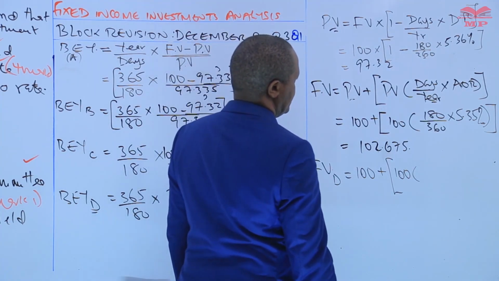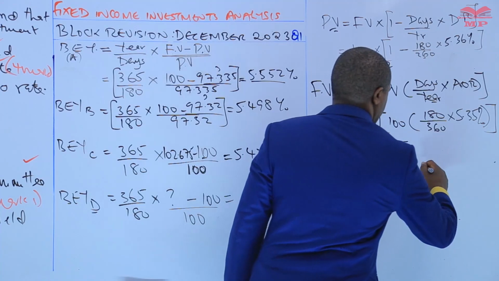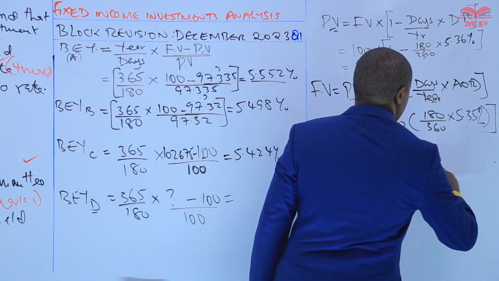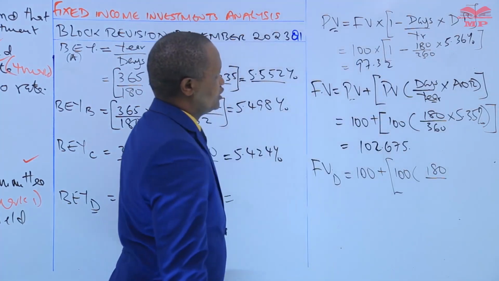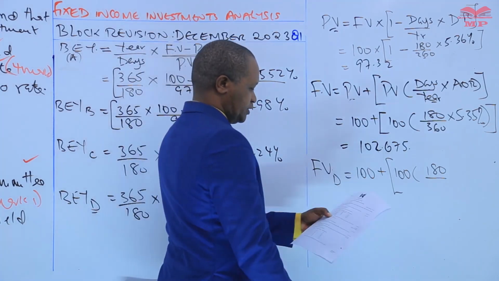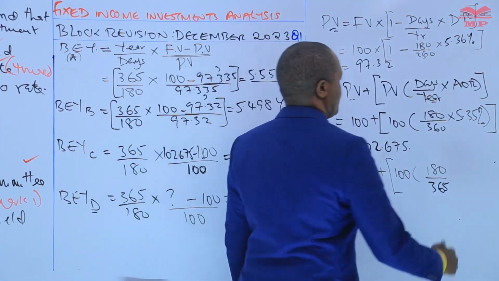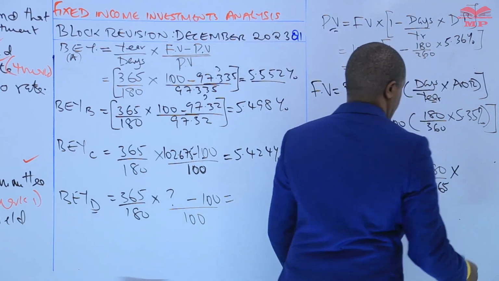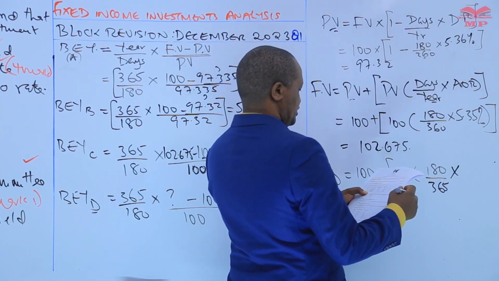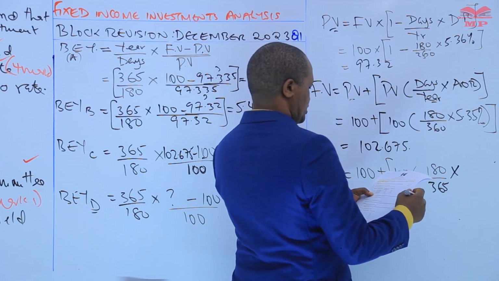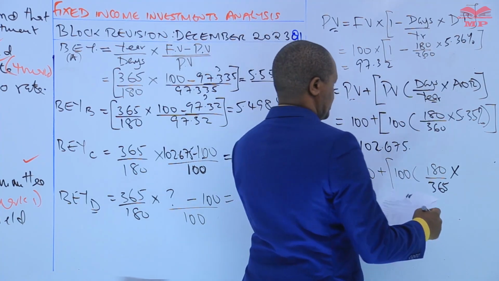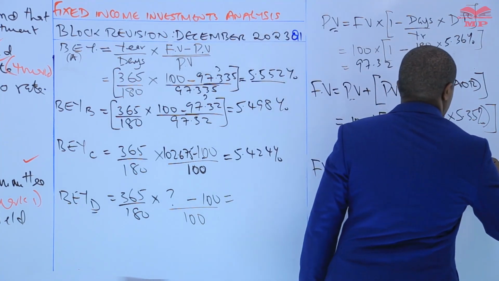The number of days is still 180 here. We divide by the assumed number of days from the question, which is 365, times the quoted rate. The quoted rate is 5.45%.